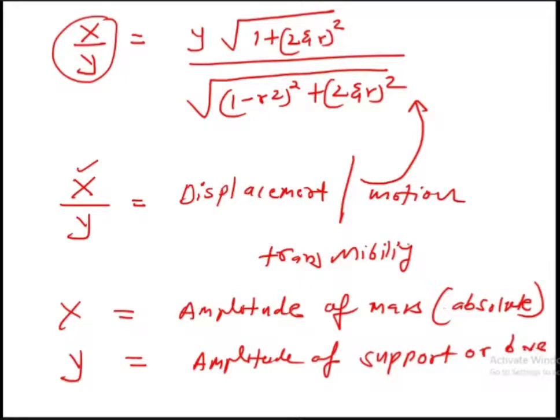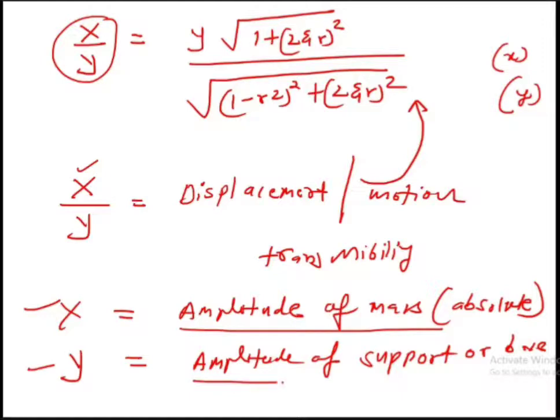Okay, so in the first diagram, we considered small x as the absolute motion or absolute displacement of the mass m, and small y as the absolute harmonic displacement of the support. So from that I have got this capital X and capital Y. Capital X is the absolute amplitude of the mass, and Y is the absolute amplitude of the support or base.